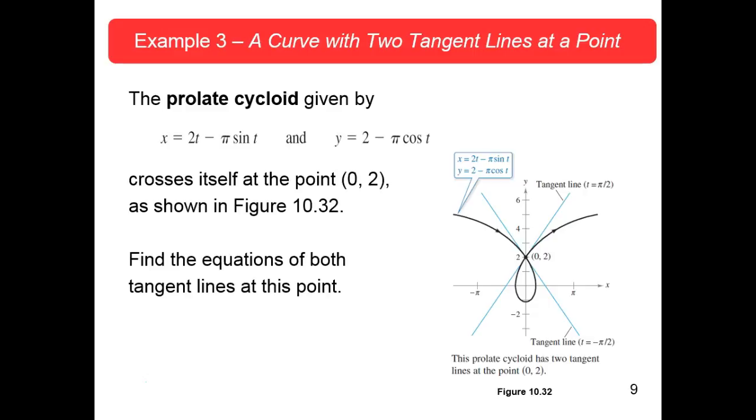Now, when they say the equations of the tangent line, that will be an equation. I think they're looking for an equation of y with respect to x. Okay? They're not looking for necessarily the x with respect to t and y with respect to t. Of course, you got to do that, but they're looking for the equation of a tangent line in y's and x's. y is a function of x.